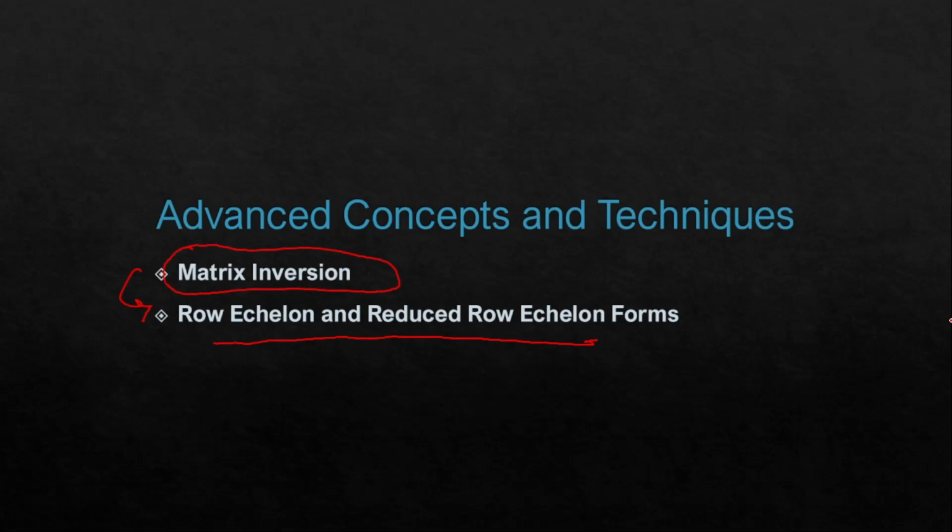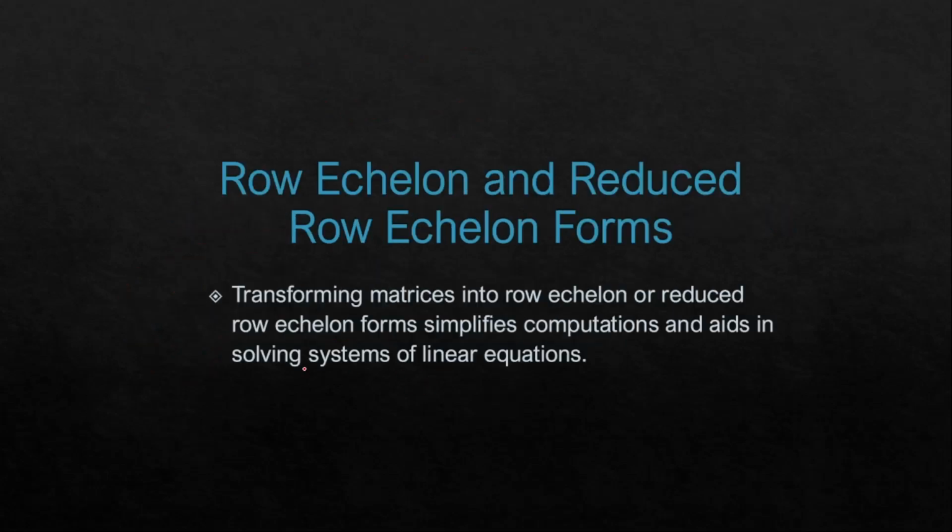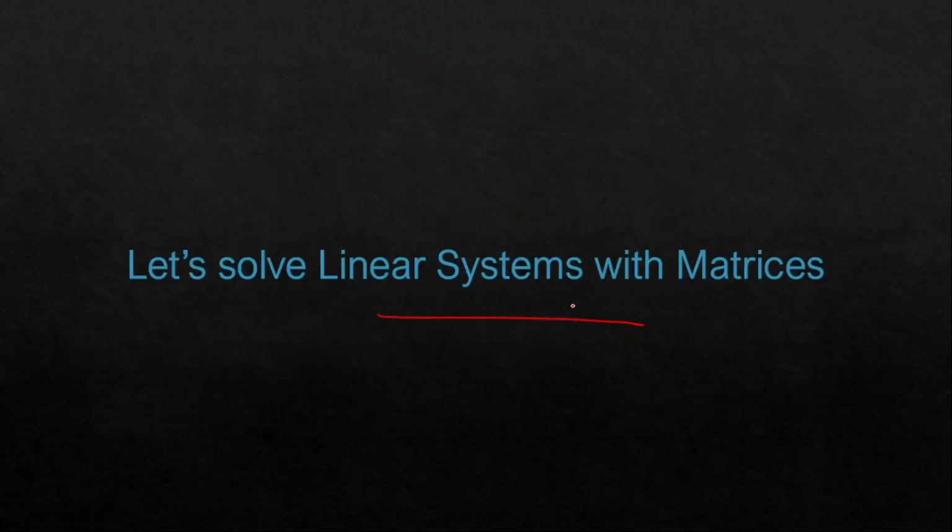I had a lot of other things in plan. I was supposed to talk about what row echelon and reduced row echelon forms of matrices are. But in order to talk about those, we're gonna have to talk about how we do row operations, column operations, in order to calculate the row echelon and reduced row echelon forms. We're supposed to solve linear systems.